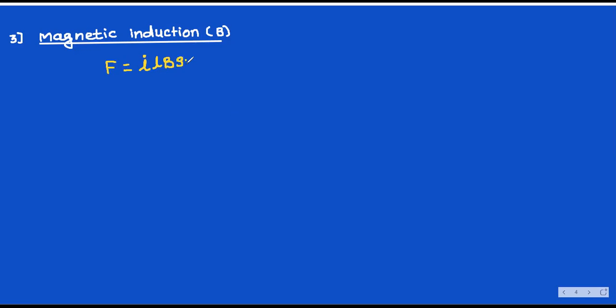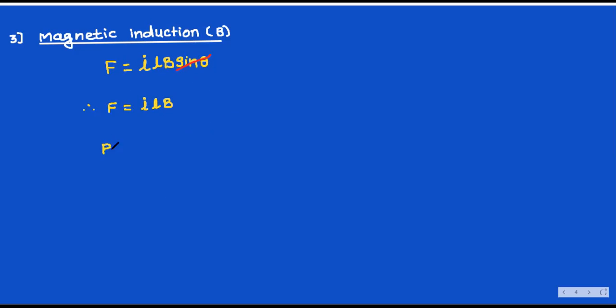If you want, you can write it here, but it is dimensionless, so I am not taking it. Therefore, F is equal to I L B. Okay, now we have one formula with which we are familiar.